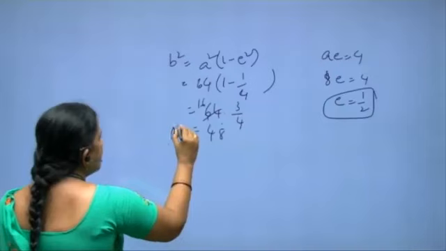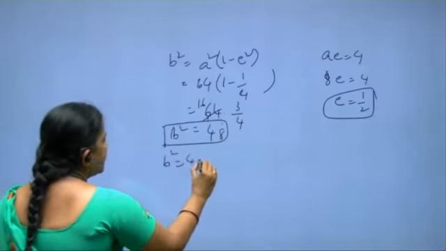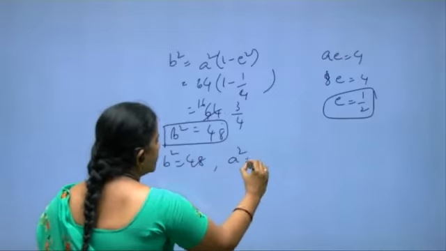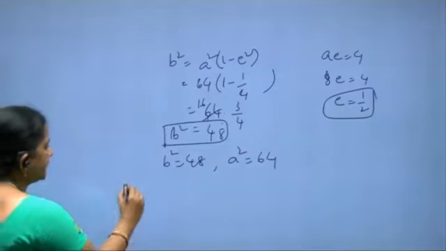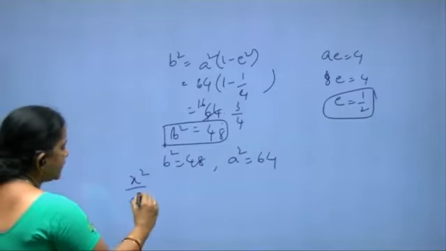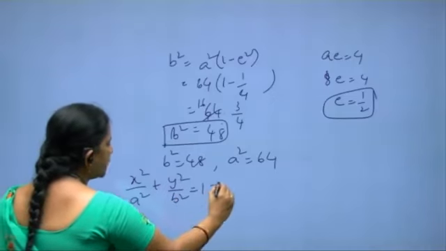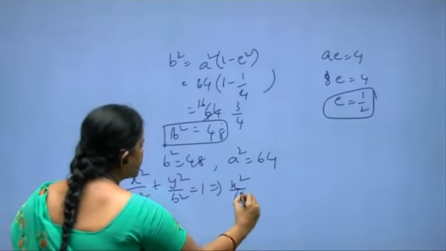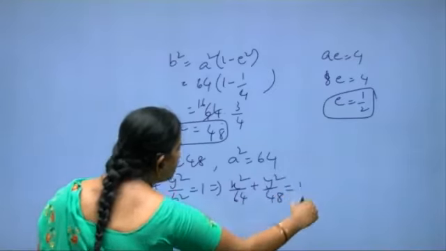That is the value of b square is equal to 48 and the value of a square is equal to 64. The equation of the ellipse is x square by a square plus y square by b square is equal to 1. That is x square by 64 plus y square by 48 is equal to 1.